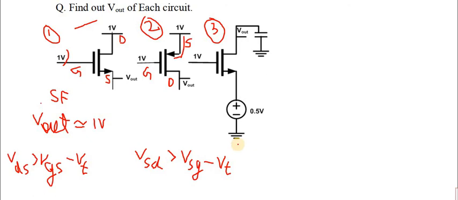Now if you see, at the PMOS gate 1 volt is applied, and we know that if we want to switch on the PMOS, then the gate voltage should be lower than the threshold voltage. Although the threshold is not given here, you can assume a threshold voltage of maximum 0.4 volt.